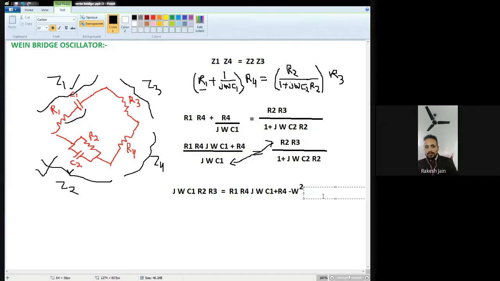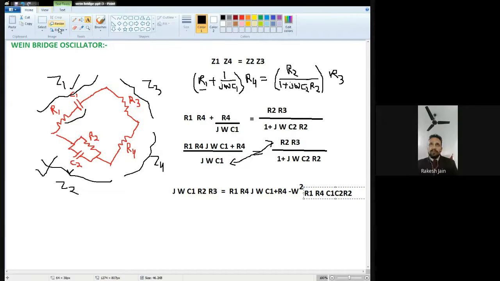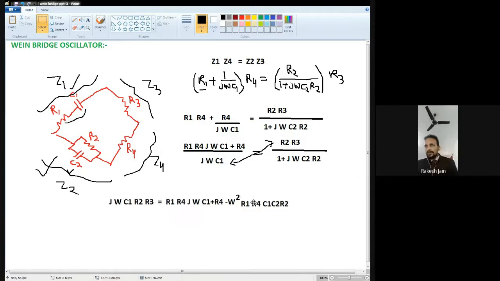So we get R1 R2 R4 C1 C2. I just shift a little bit to the left side.